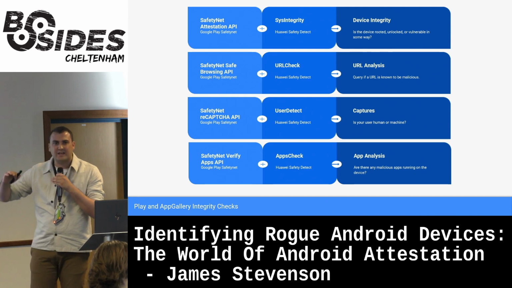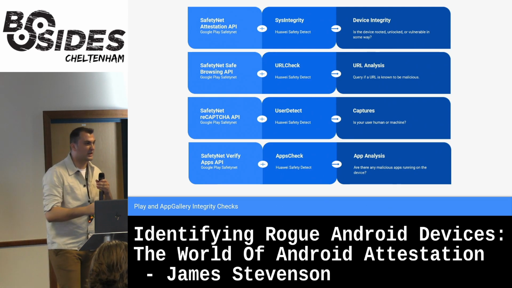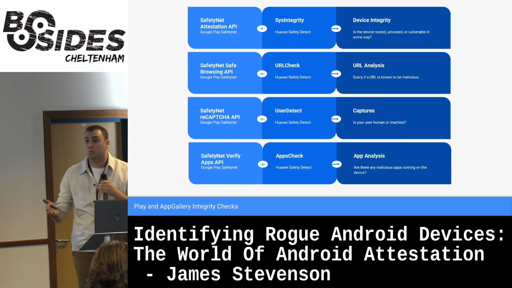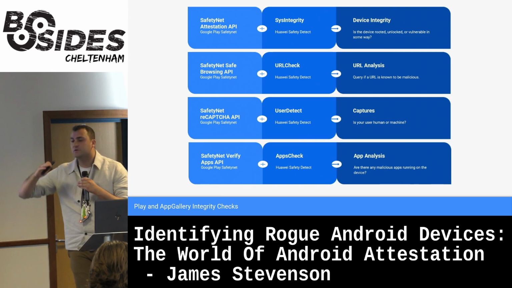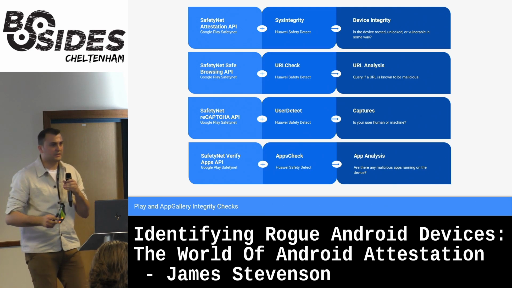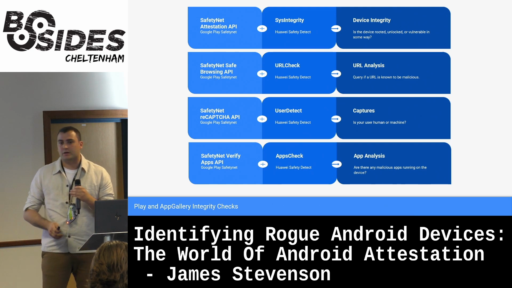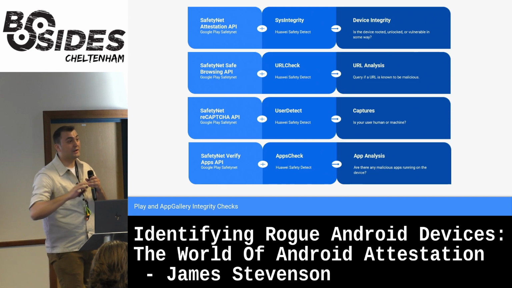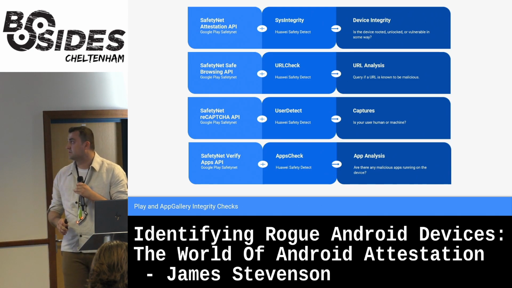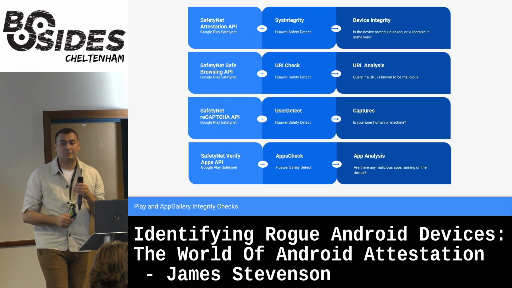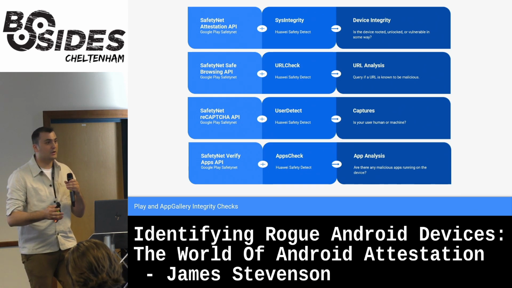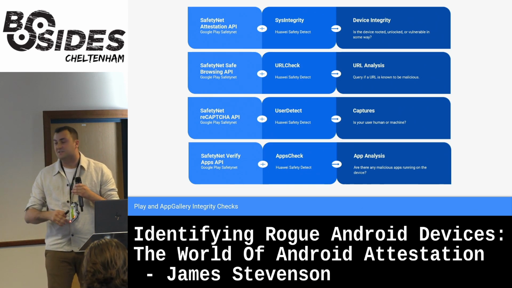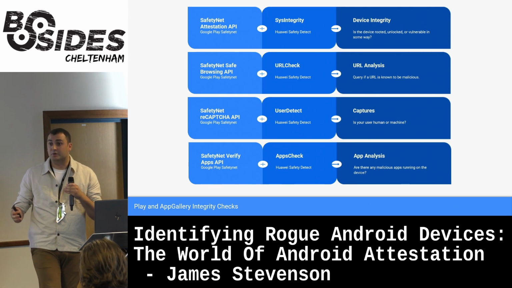And each of these are basically APIs that developers who create applications can call to check one thing or another. The first one we have is about device integrity. So this is where a developer can call that API and identify if a device is rooted or not. Then we have the URL analysis API, which can be called to check if a URL is known to be malicious. The captures API, which can be used to identify if the user is a human or a machine.